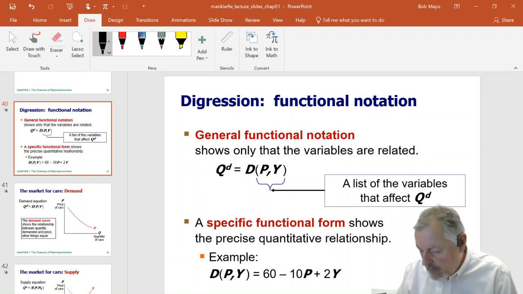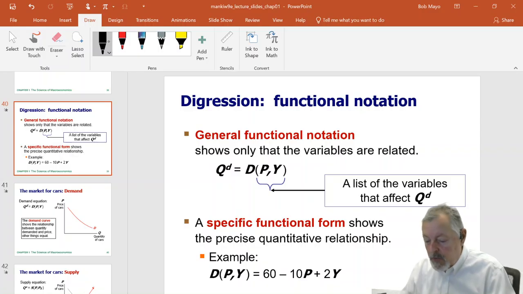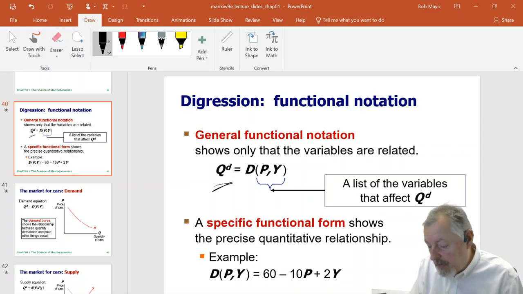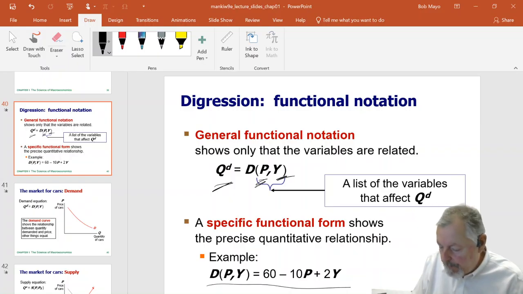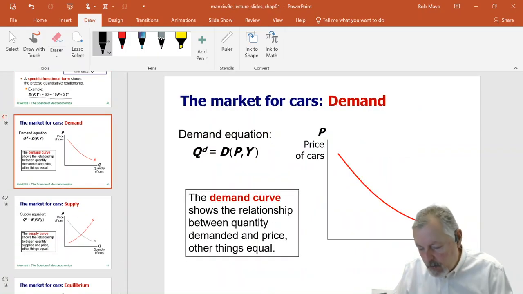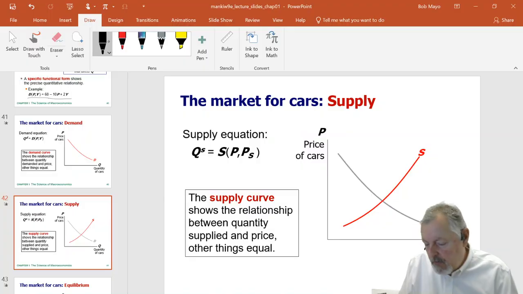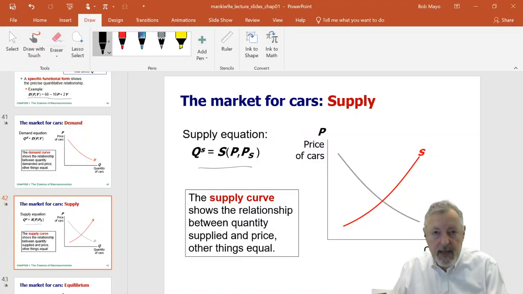So the quantity demanded is a function of price and income. Very simple model. That could be the function describing that curve on the supply and demand graph, which would be there. You can create a function describing supply.